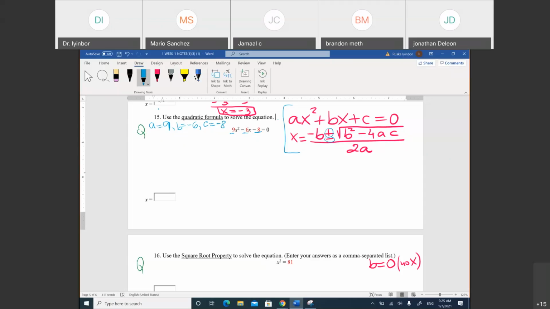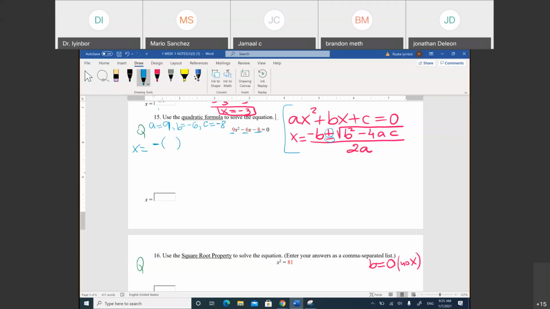Then after that, we're going to replace A, B, C with these three numbers. So we're going to get x equals negative B. I'm just going to copy the formula with parentheses. Always when you plug in a number for a letter, A, B, C, use parentheses.